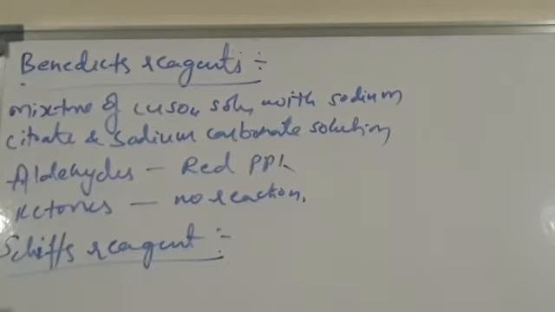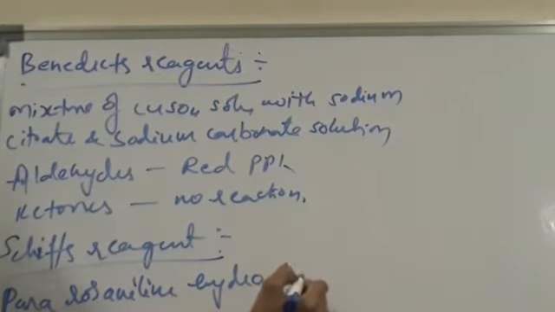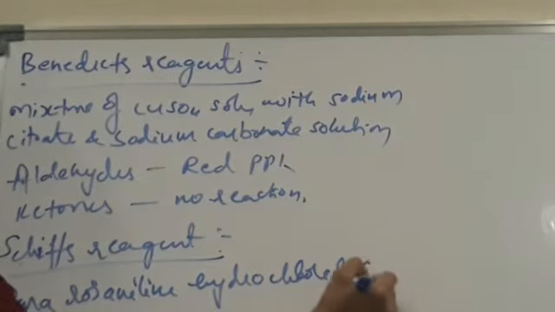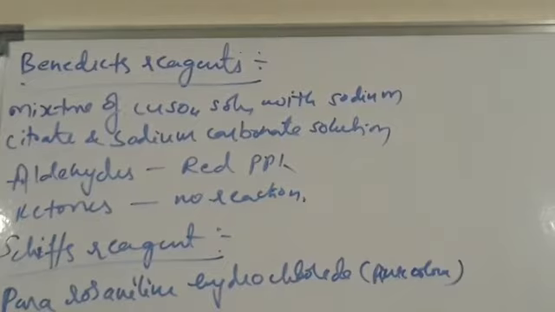Para-rosaniline hydrochloride is a pink color solution, decolorized by passing sulfur dioxide gas.